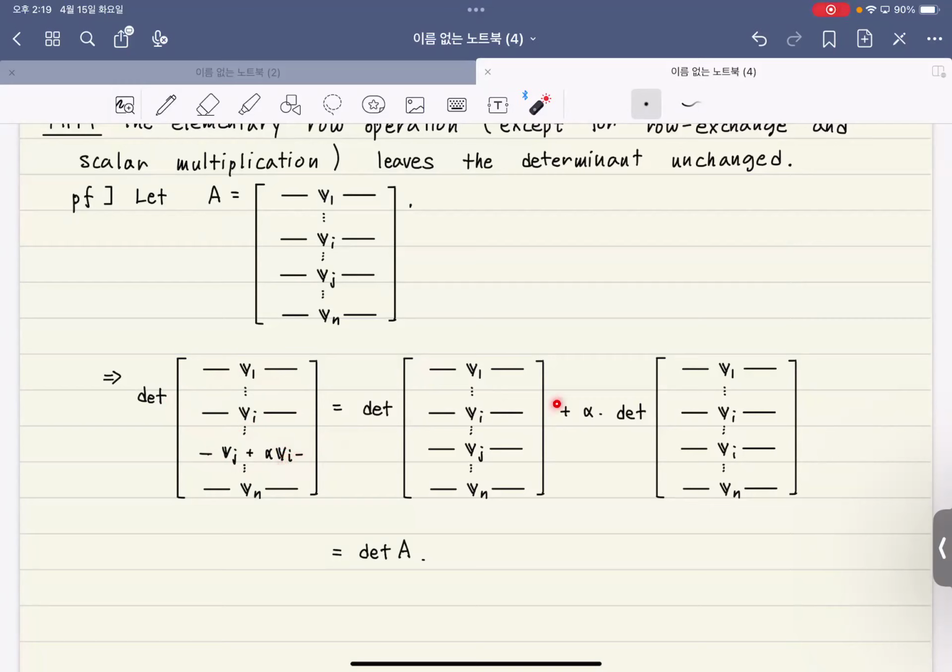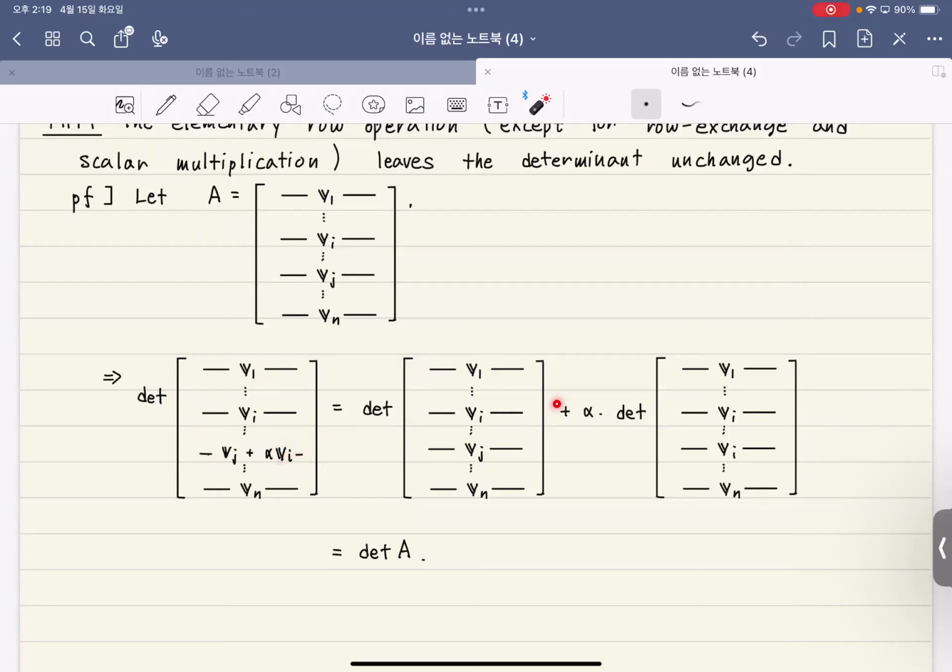But since I can see two same rows at the ith and jth positions, this second term automatically is going to be 0. So it is just the determinant of the original matrix, the determinant of A. So these elementary row operations don't change the value of the determinant.